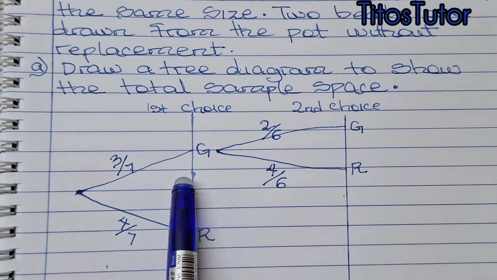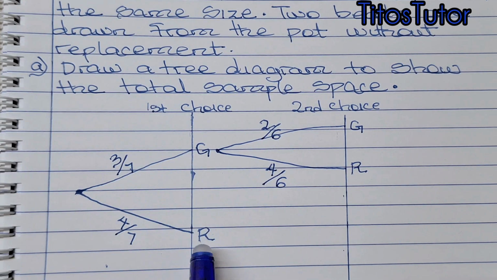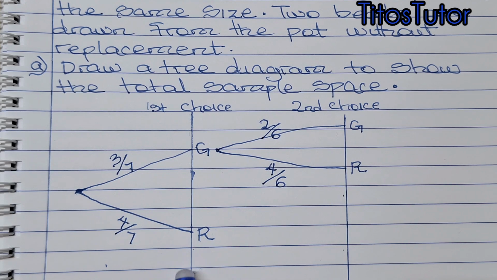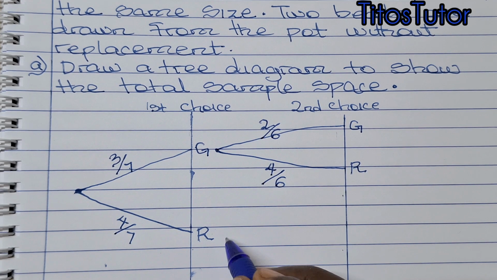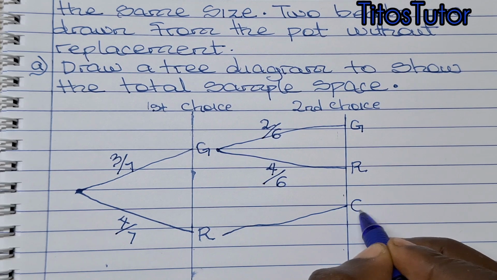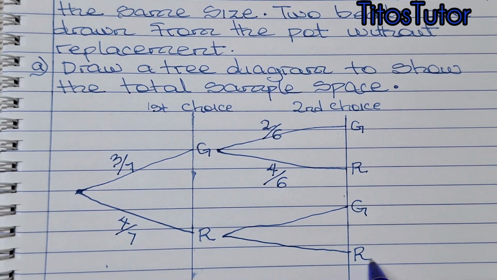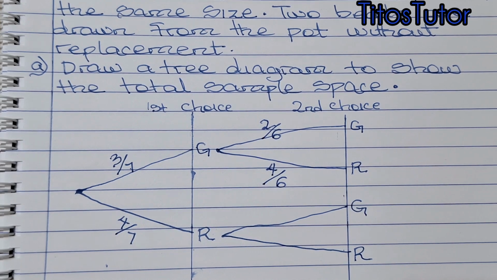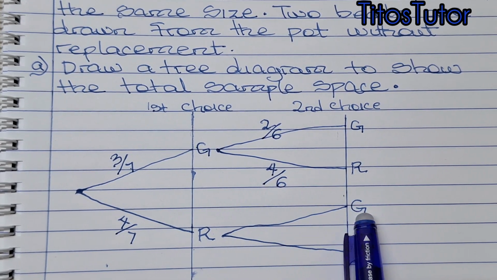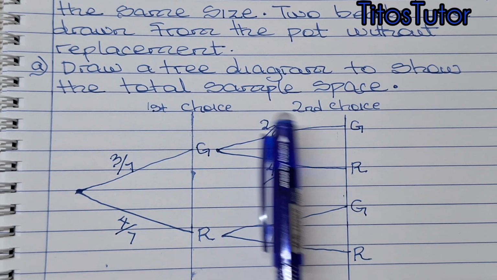Okay, so let's go to, if my first choice was a red. The first one we did had a green as our first choice. So if I had chosen a red at first, the probability for my second choice will either be a green again or a red. Remember that it was a red I chose at first. So for choosing a green the second time, my green still remains 3, not 2 again.